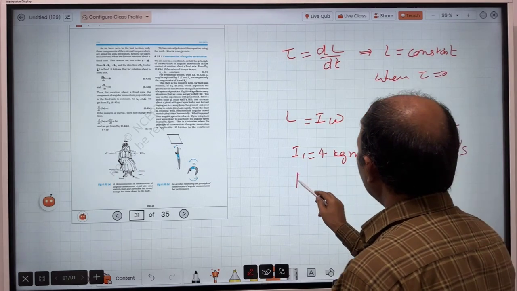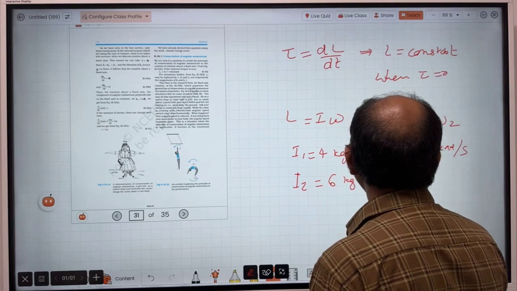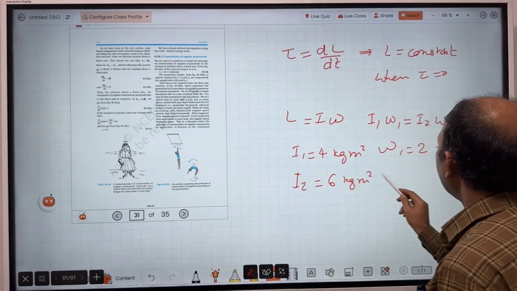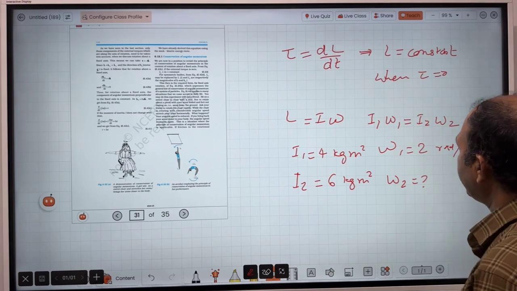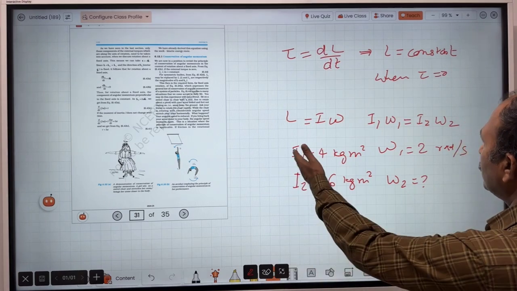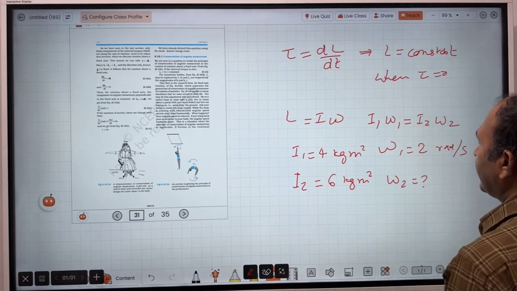And now suppose I2 becomes 6 kg meter square, and we have to find out omega 2 in absence of any torque. Then what do we do? You will multiply these two. 4 into 2 must be equal to 6 into x.